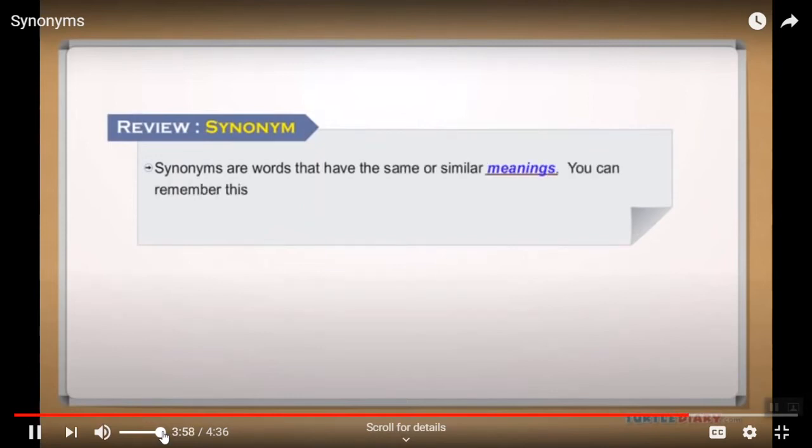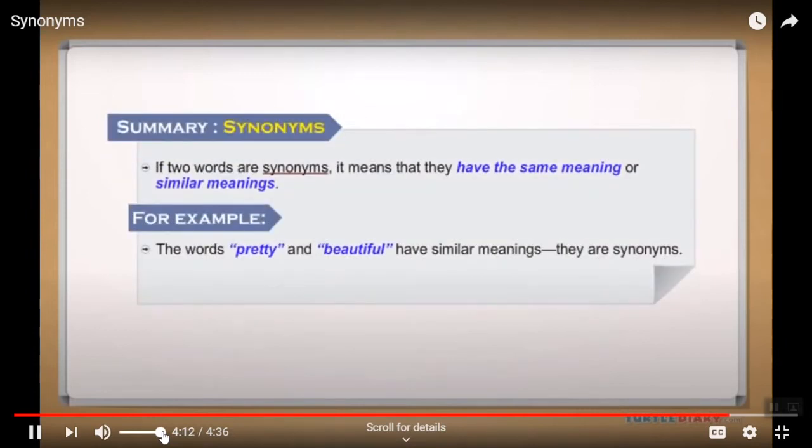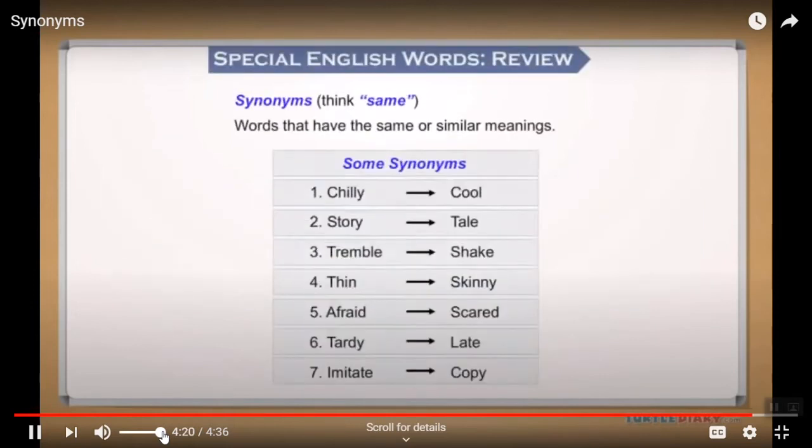You can remember this because synonym begins with an S for same. The following page is a one-page reference for you on the two types of words we have learned about today.